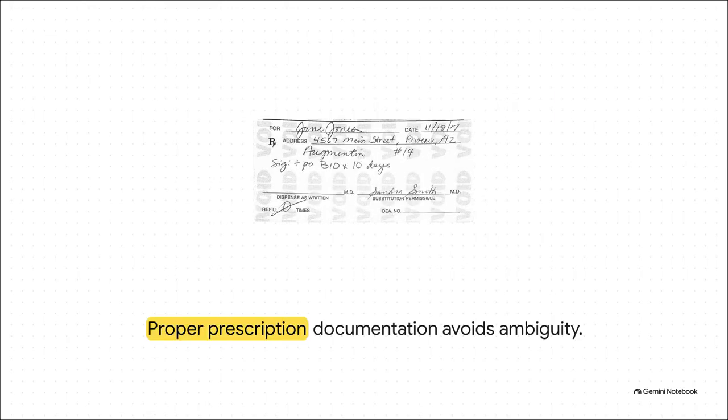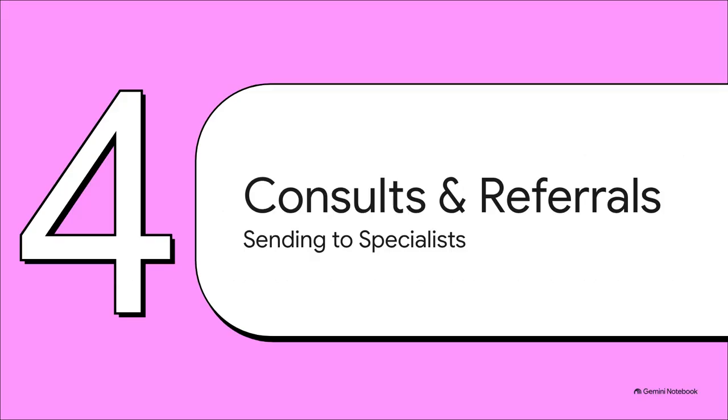Proper prescription documentation absolutely requires the exact name, dose, route, frequency, and duration. By spelling out something explicitly, like by mouth twice a day for 10 days, you leave literally 0 room for fatal pharmacy or nursing errors. Ambiguity is entirely eliminated.